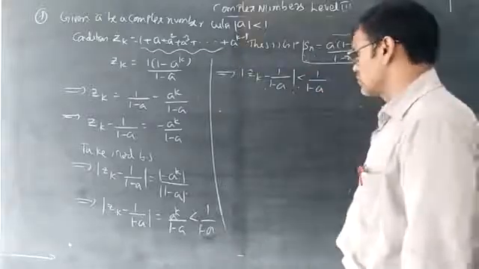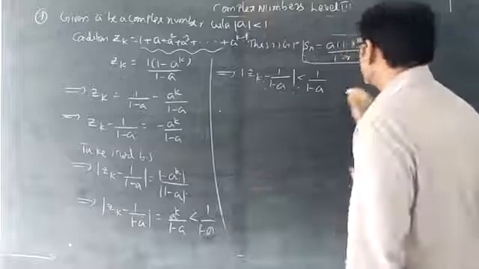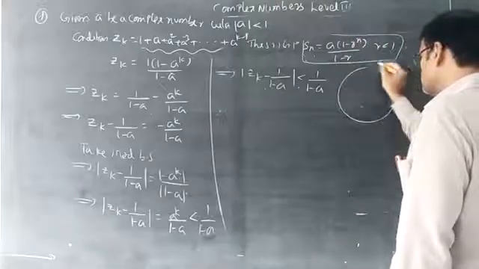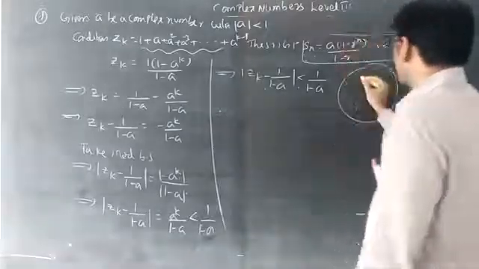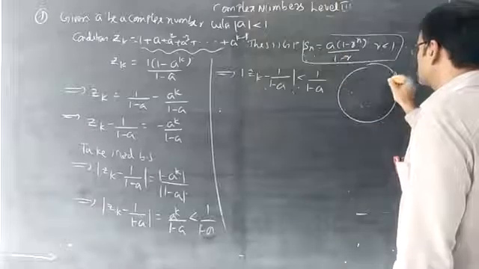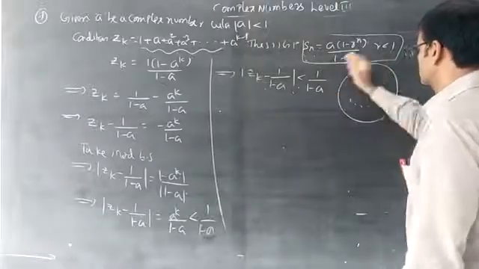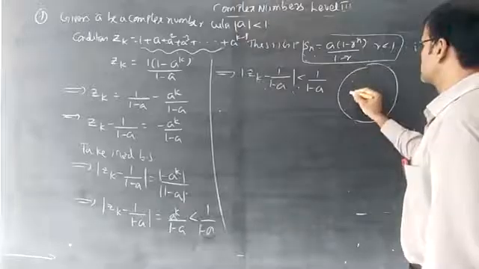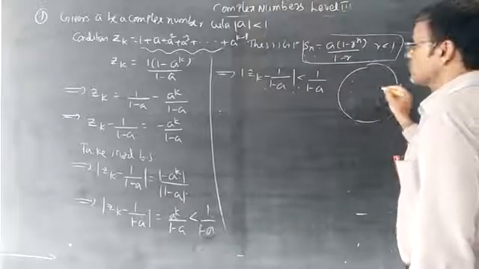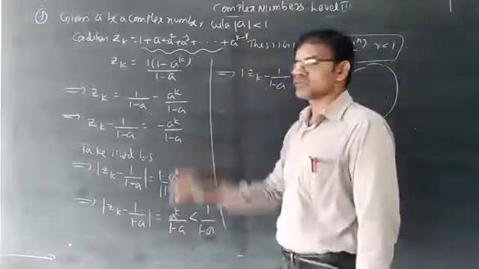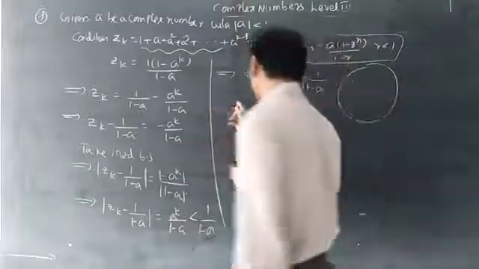Or of course is equal to also you can put. This meaning is that draw a circle and mention the points in the circle, like this. Points, because Zk meaning Z1, Z2, Z3, so on, so many points.